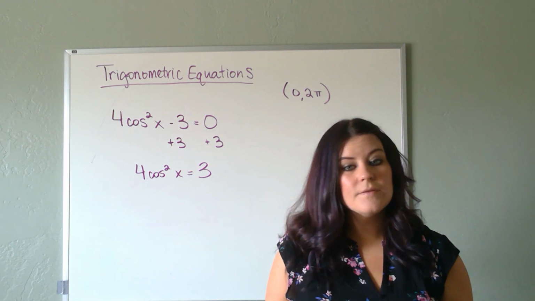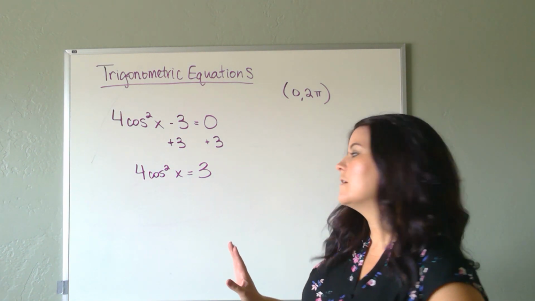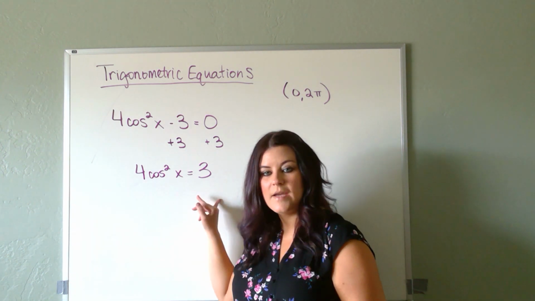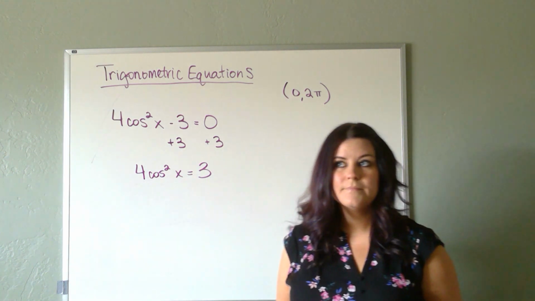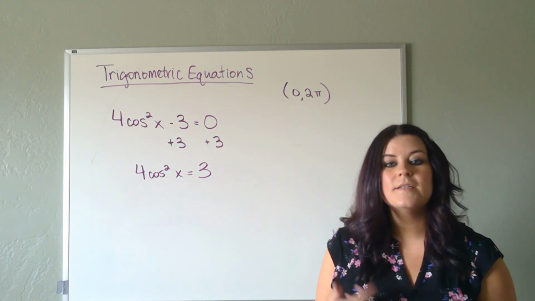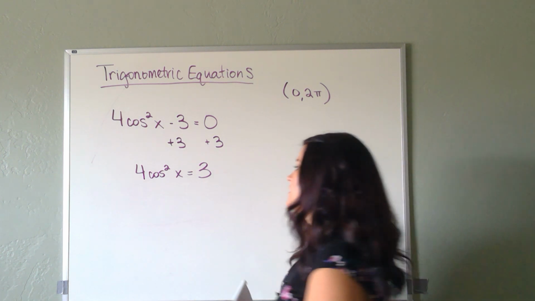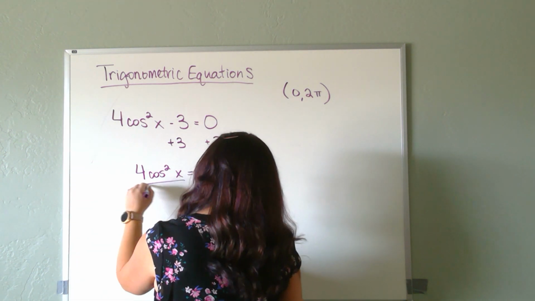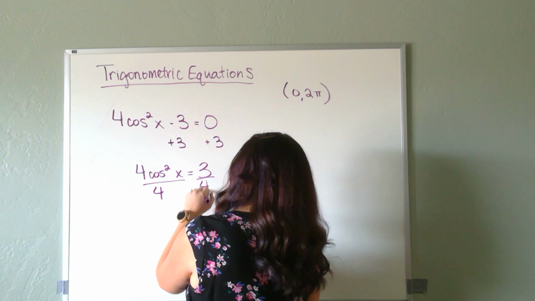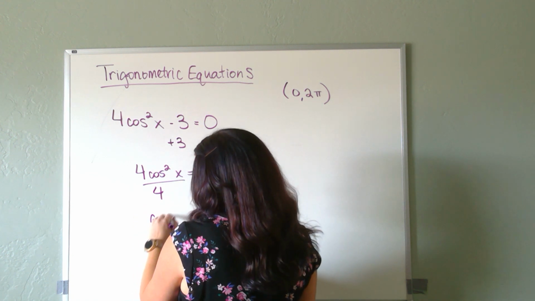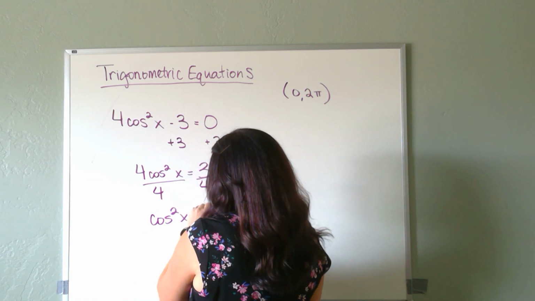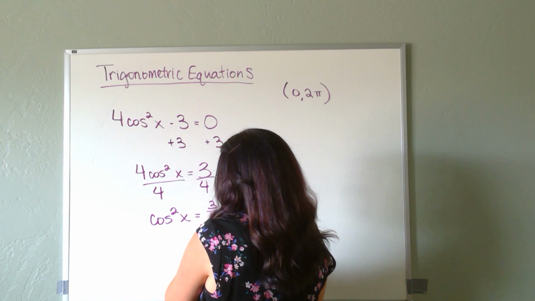From here, do you think, even though there's a squared in there, I could still divide both sides by 4? Yes, of course, it's still an equation. Let's divide by 4 and isolate that cosine term. So, dividing both sides by 4, I get cosine squared x equals 3/4.